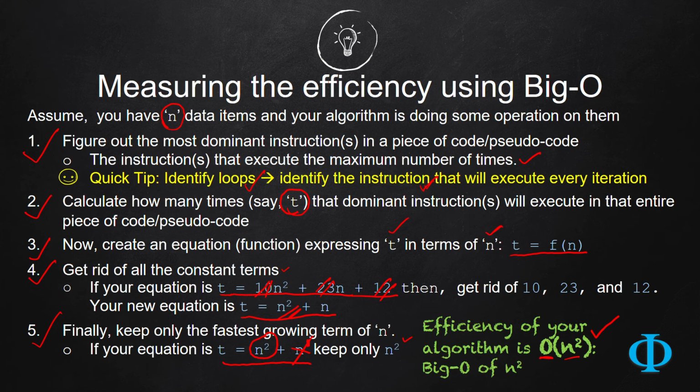One more thing, O stands for order of. Order of n square means that if one data item is added, the time increases as a square of it. So in this logic, the efficiency of this program is Big O of n square.